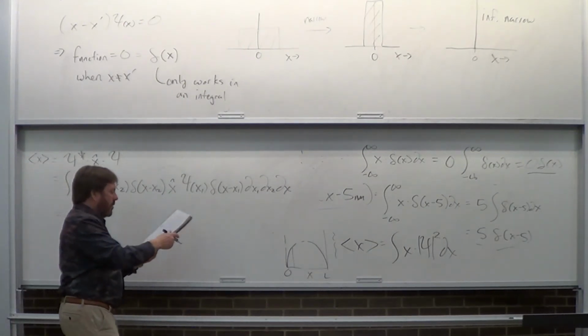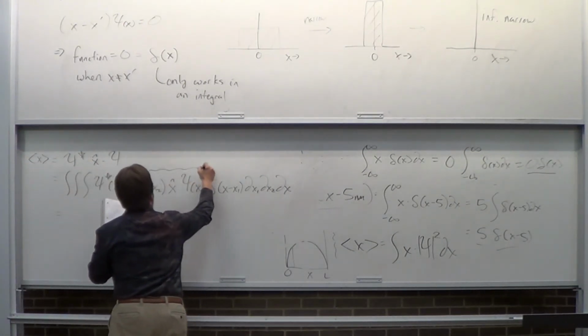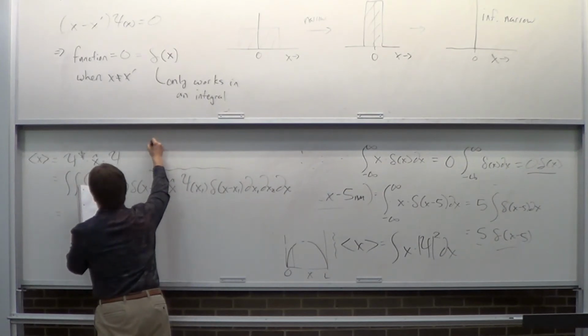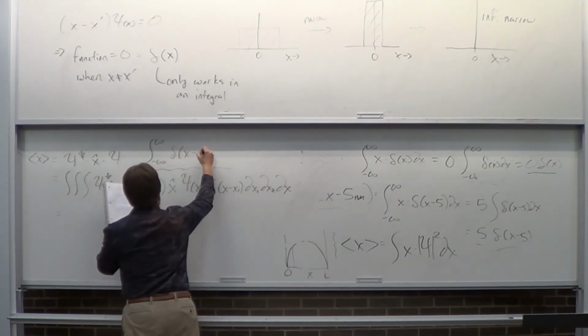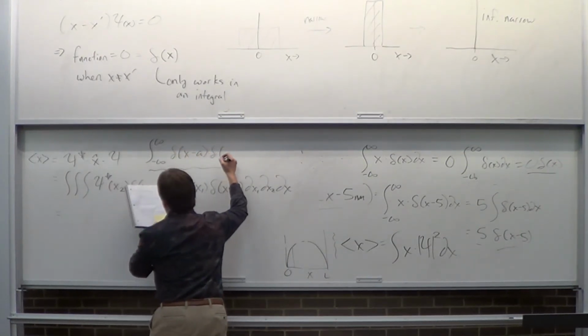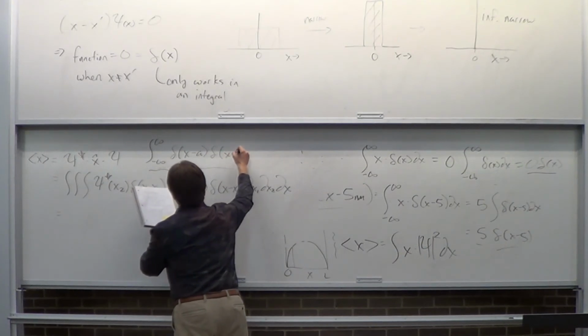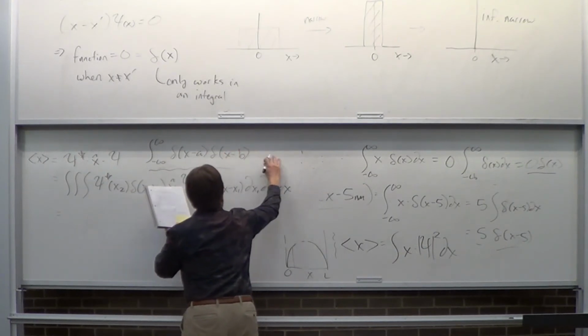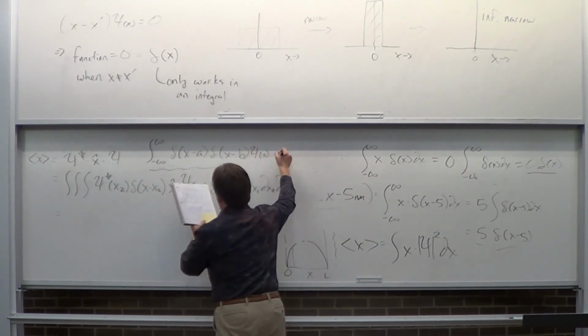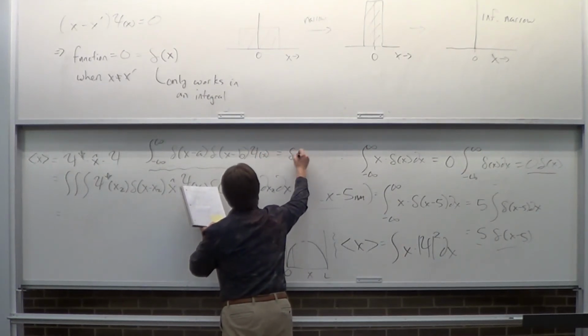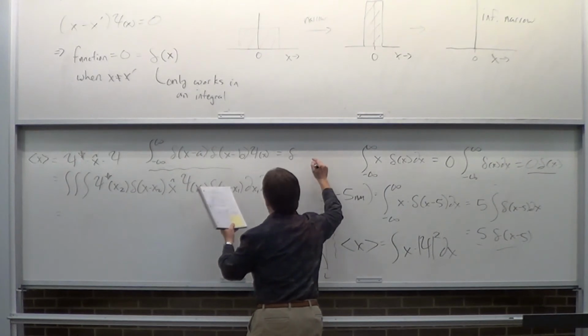Now it turns out there's an identity, and this is a little hard to prove. It's just some algebra, but let me show you real quick. When you have two delta functions, that's why this is a little bit funky, it actually turns into this.